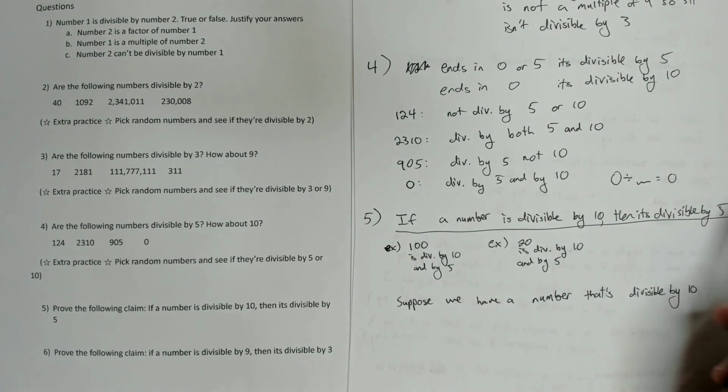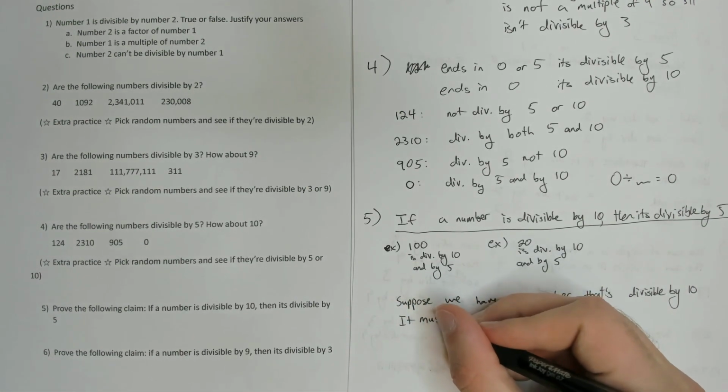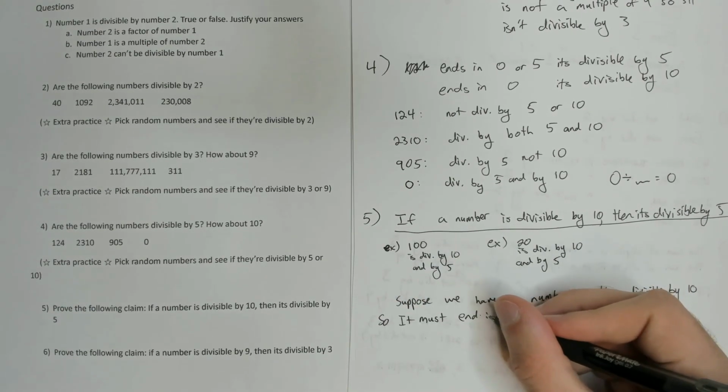Because that's the whole goal here. So if it's divisible by 10, what do we know about the number? Well, the divisibility rule by 10 says it has to end in a 0. So if that number is divisible by 10, it must end in a 0.